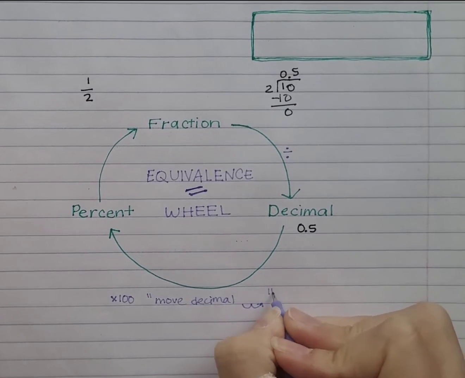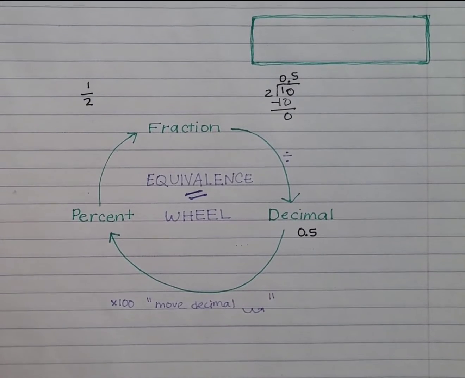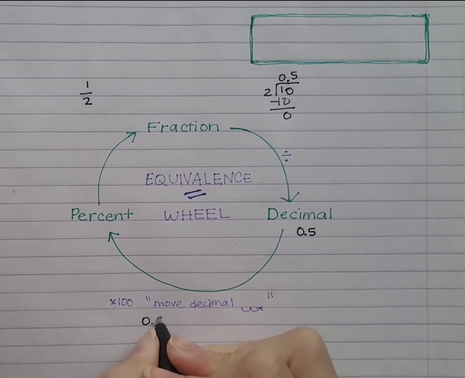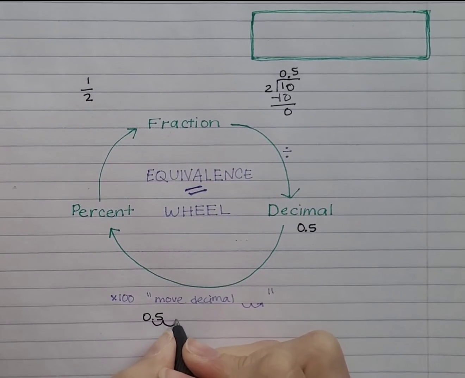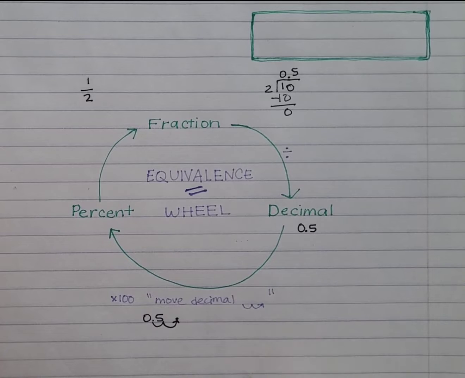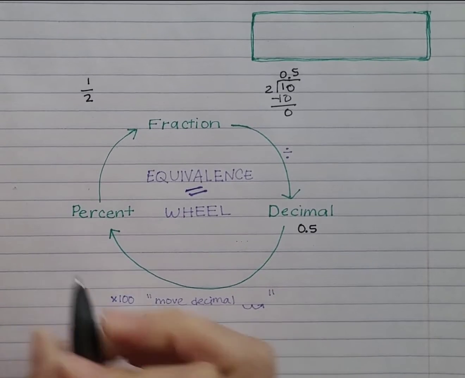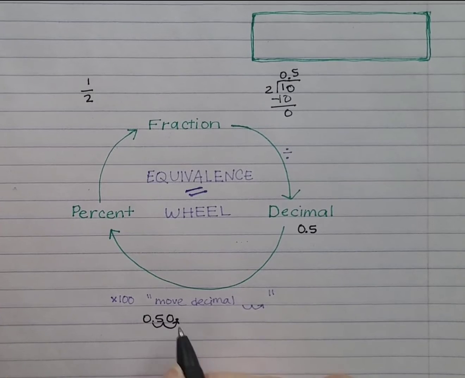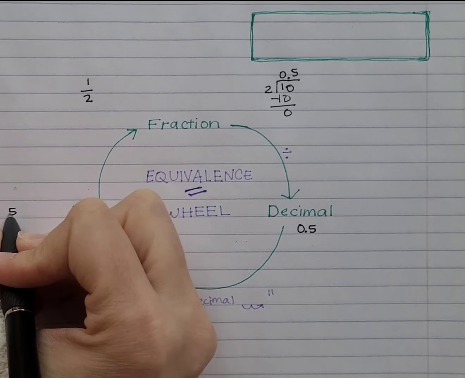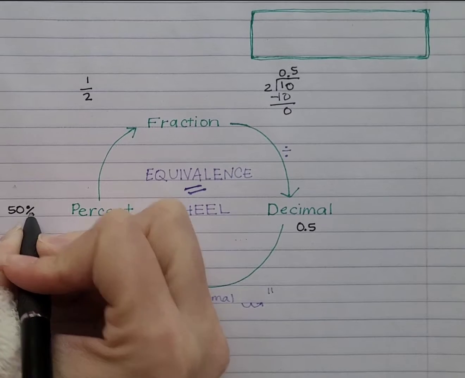In this case, we would take our 0.5 and move it over 2 times for our new decimal place and fill in the space with a 0. When we write it up here as a percent, we simply drop the decimal and add a percent sign.